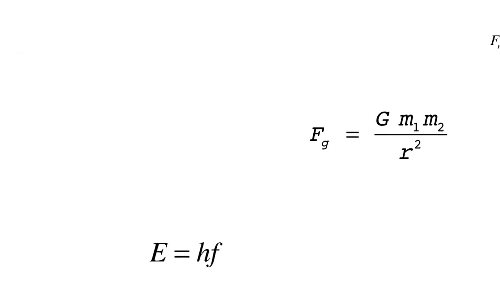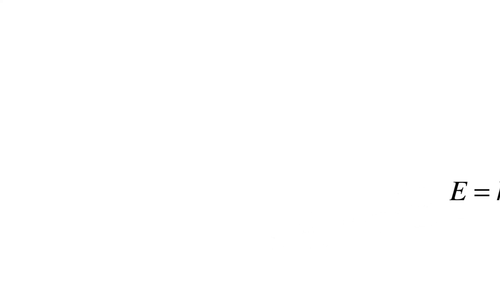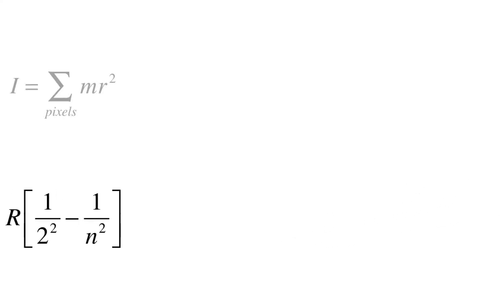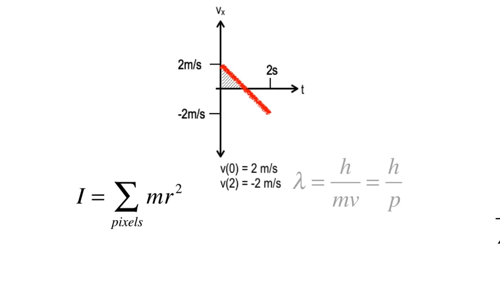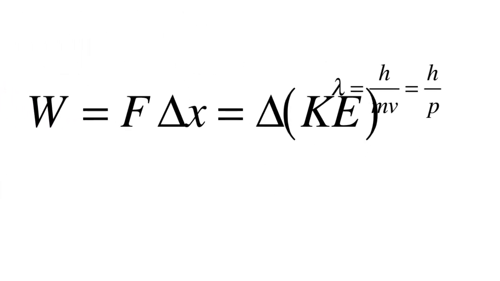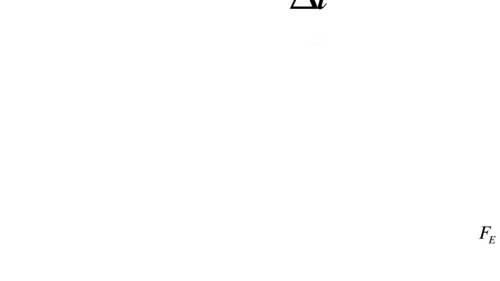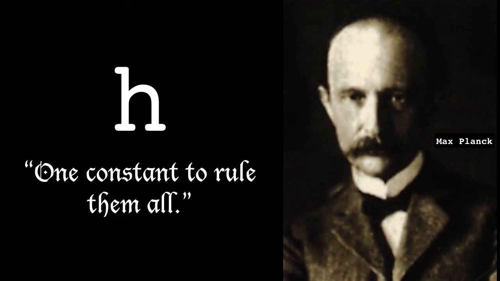F equals MA. E equals HF. Here it comes. Hey, Dr. D. There's Max Planck. And Planck's constant. The one constant that rules them all. I'll see you tomorrow. You're dismissed.